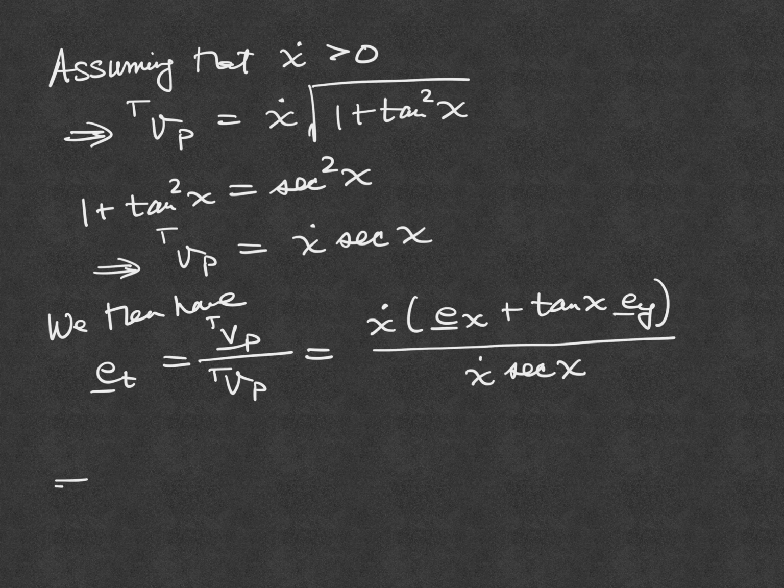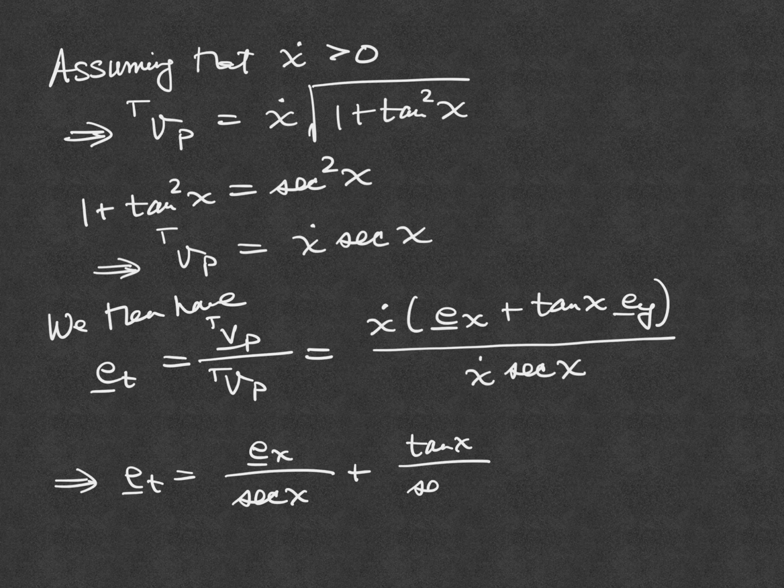And again, you can see that the x dot cancels out, and we wind up with EX divided by secant of x plus tangent of x divided by secant of x, EY.